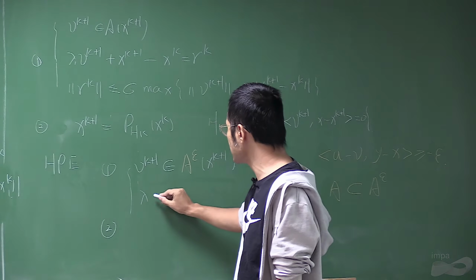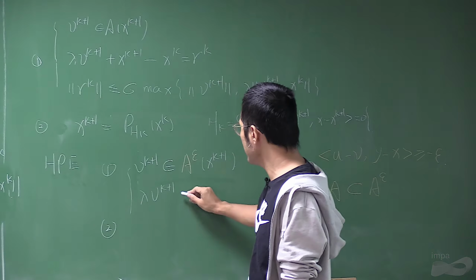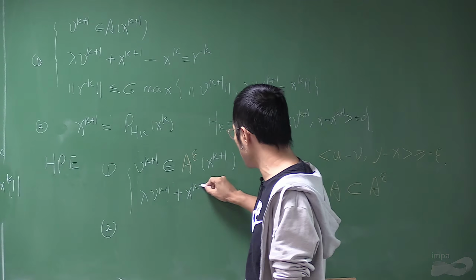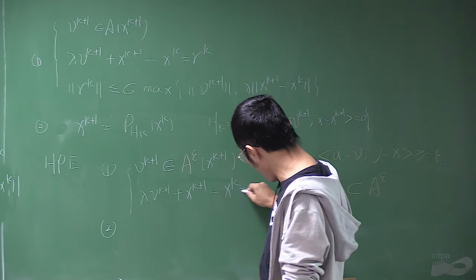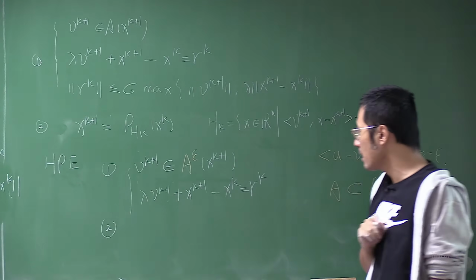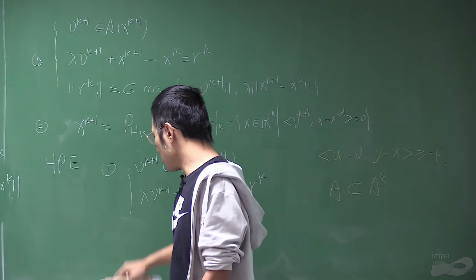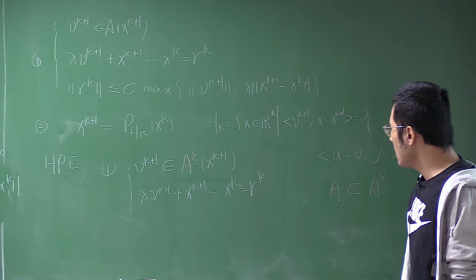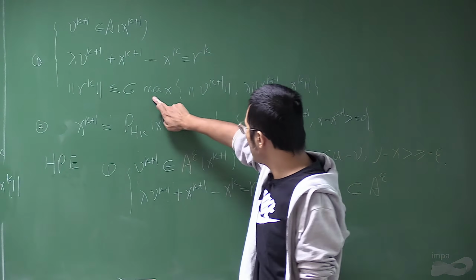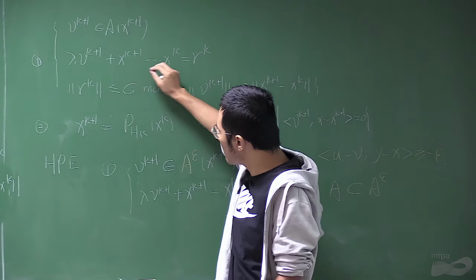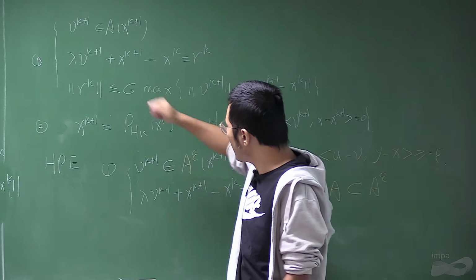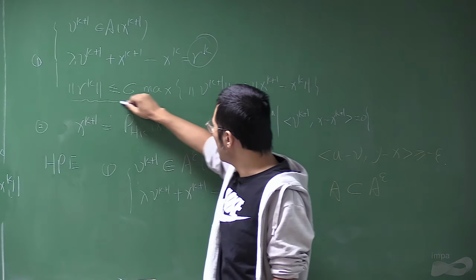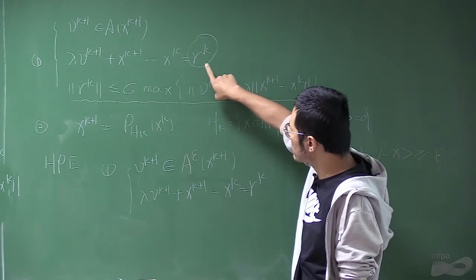The second step is the same: lambda vk plus 1 plus xk plus 1 minus xk equals rk, the residual. But the relative error criterion is a little different. In the hybrid projective proximal method, the error only comes here, so the error criterion only concerns this step.